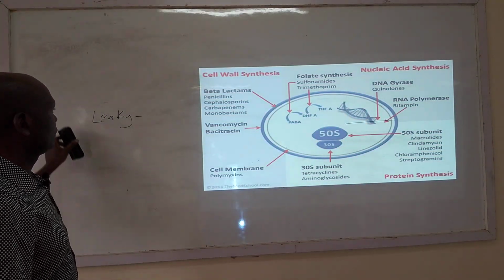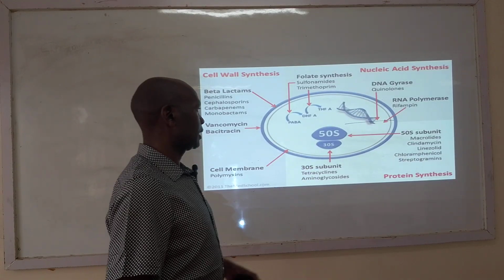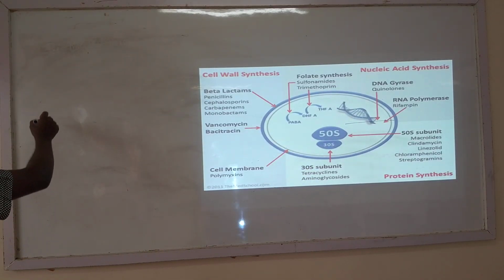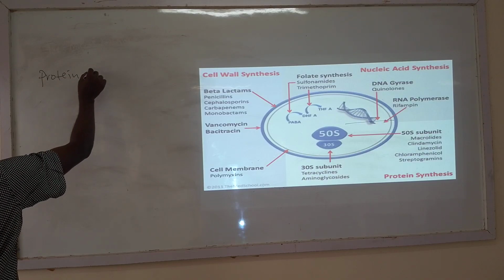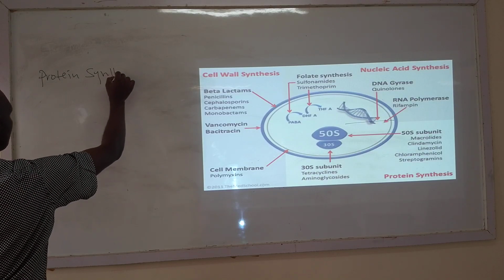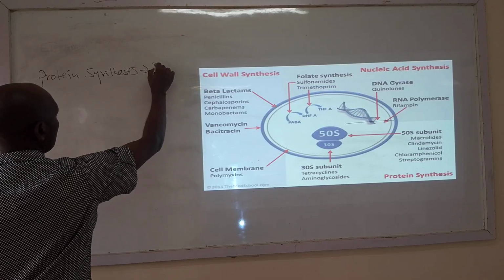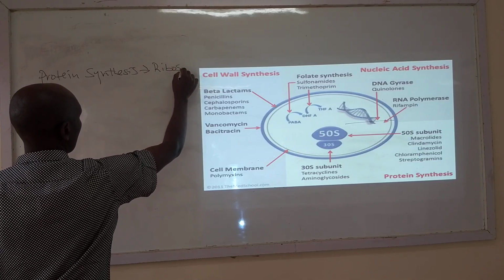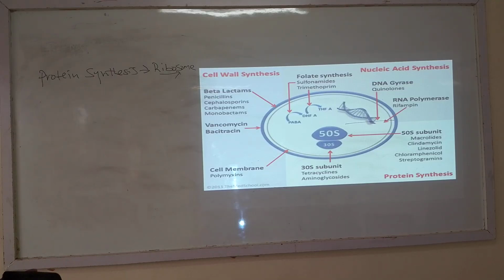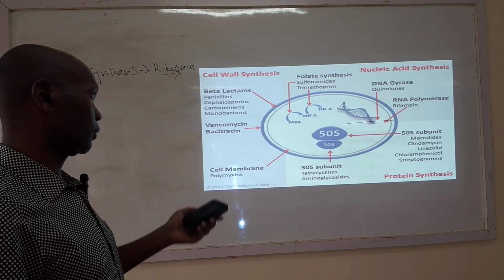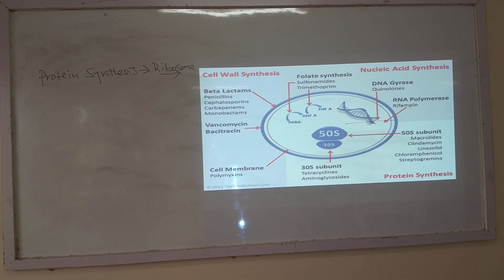Then we have another category of antibiotics which act by inhibiting protein synthesis. These work on an organelle known as the ribosome. Remember, this organelle is the one used in the manufacturing of proteins in a bacteria and even in human beings.